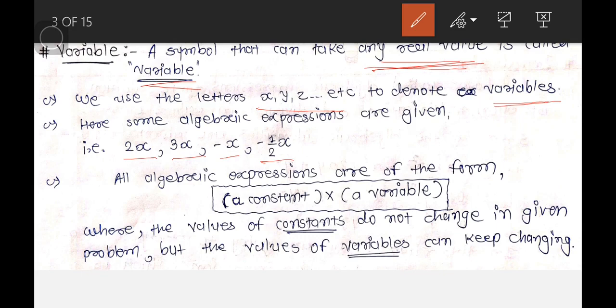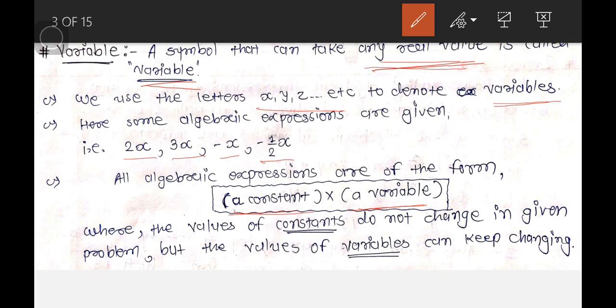Here all these algebraic expressions are in some form, as given: all algebraic expressions are of the form a constant multiplied by a variable. You can see that in polynomials, all algebraic expressions or terms are always in the form of a constant multiplied by a variable.